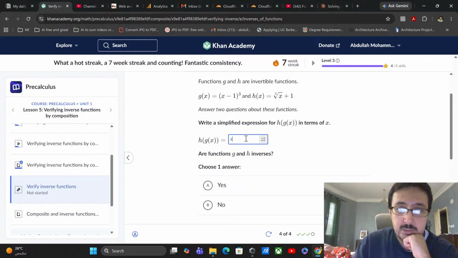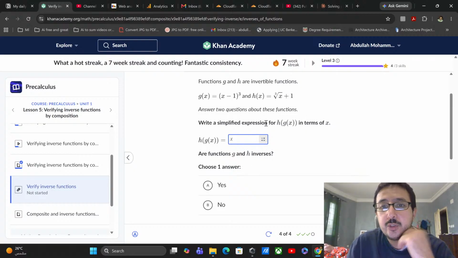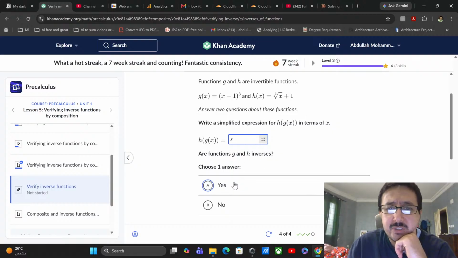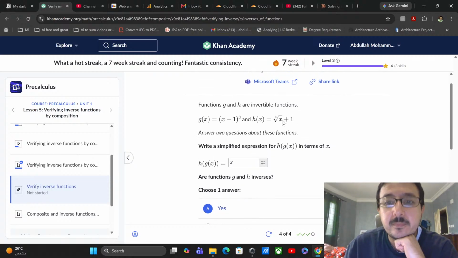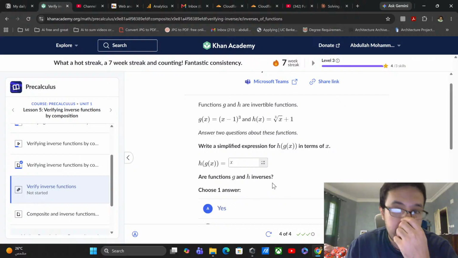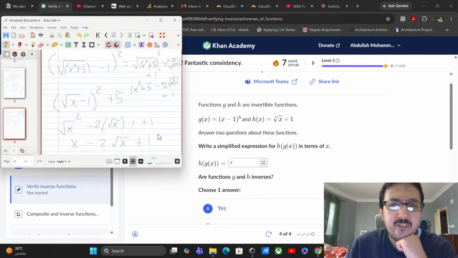That's an x. It says the functions are invertible functions. What do you mean, are they inverses? Yes, they are. Going back to the cube, he said g and h are invertible functions, and then he says g and h are inverses. Well, we're gonna have to put it to the test.